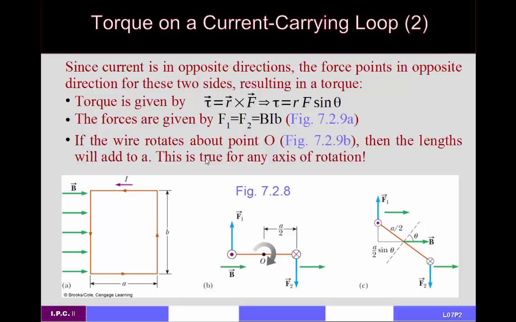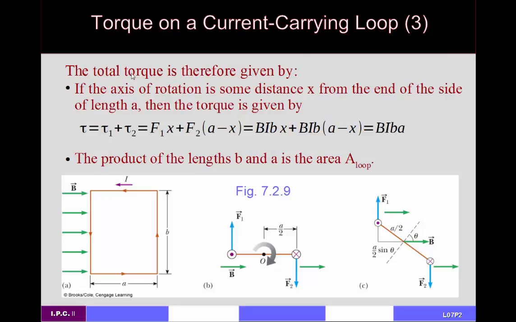So collectively what this means is that the total torque, tau 1 plus tau 2, is going to be F1 times x plus F2 times (A minus x), where x is the actual distance from one of these wires to your axis of rotation.